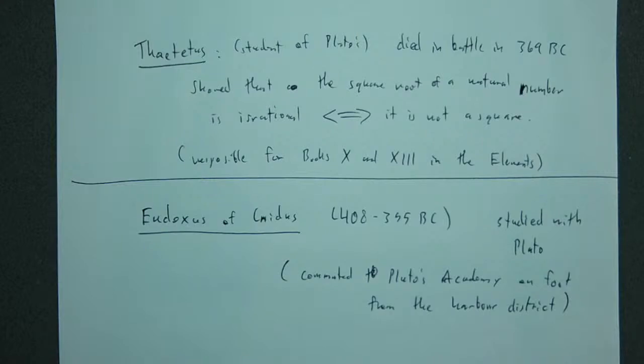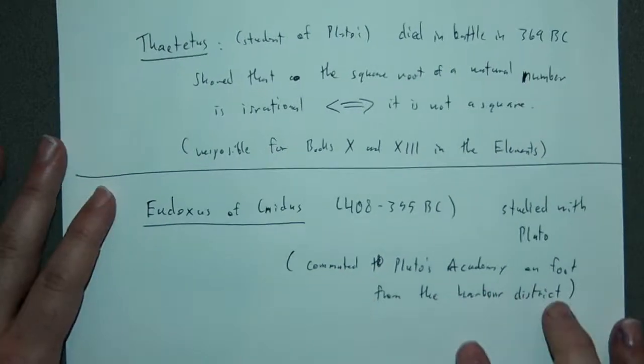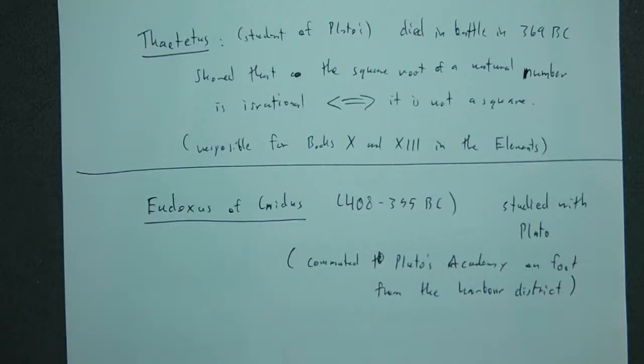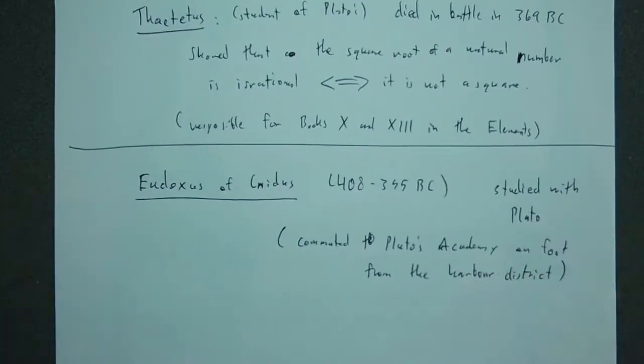And so the main thing that Eudoxus is responsible for, I've already mentioned some of the things that he did. He was responsible for finishing the proof that the area of a circle is proportional to the square on its diameter. This was something that Eudoxus finished the proof of, begun by Antiphon.